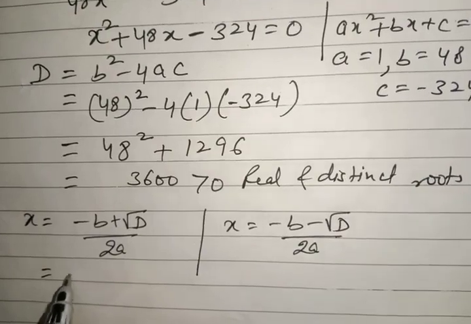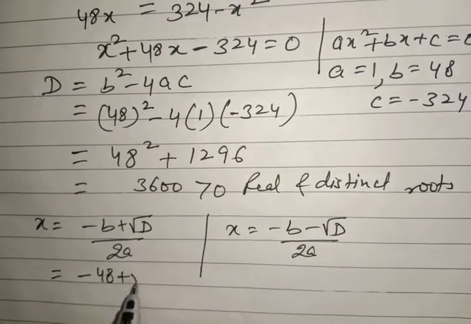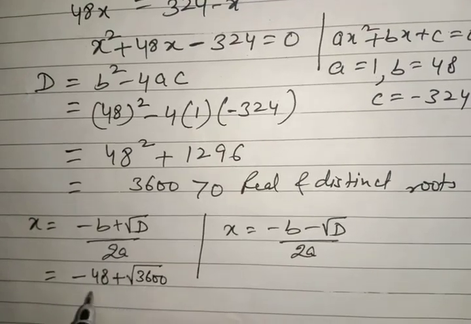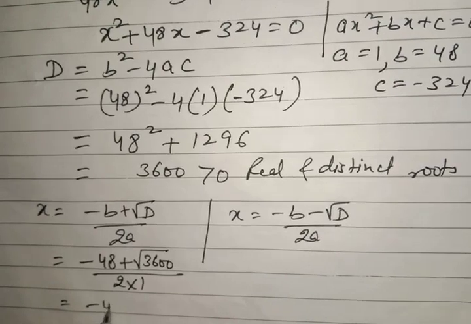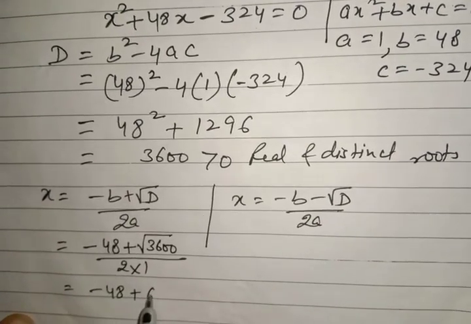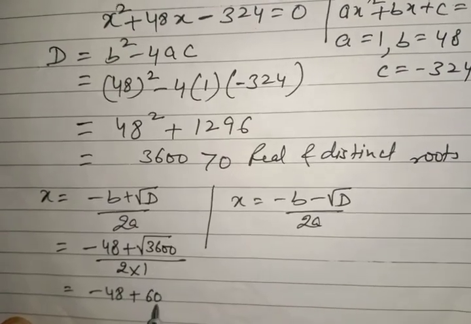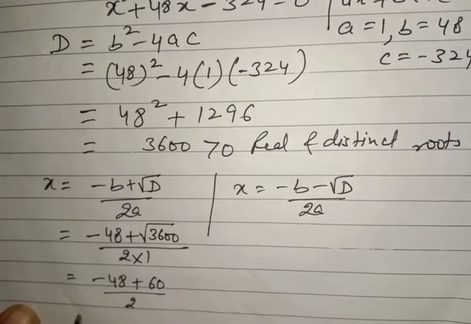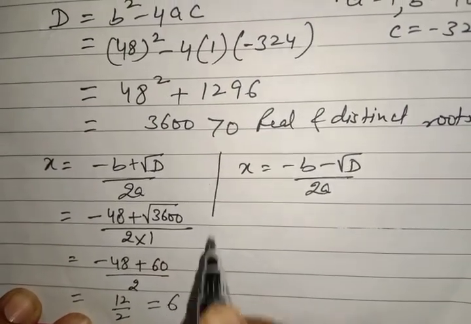Minus b is minus 48, root D is 3600, a here is 1. So this is minus 48 plus 60, because the square root of 3600 is 60, upon 2, which is equal to 12 upon 2, which is equal to 6.